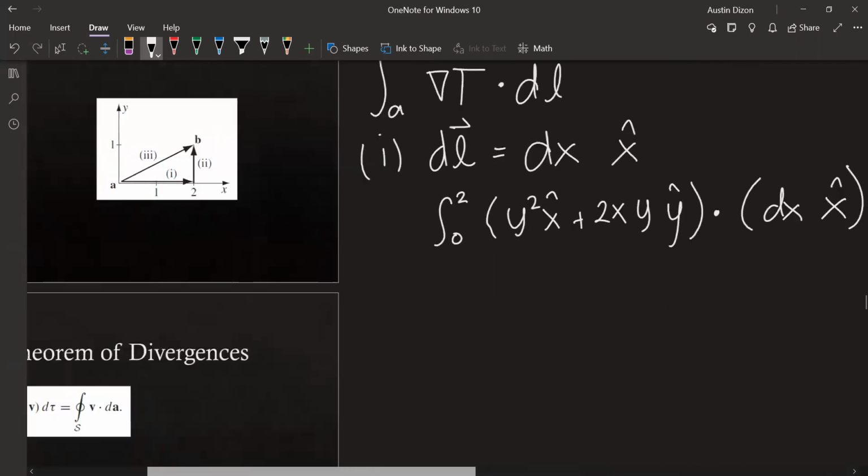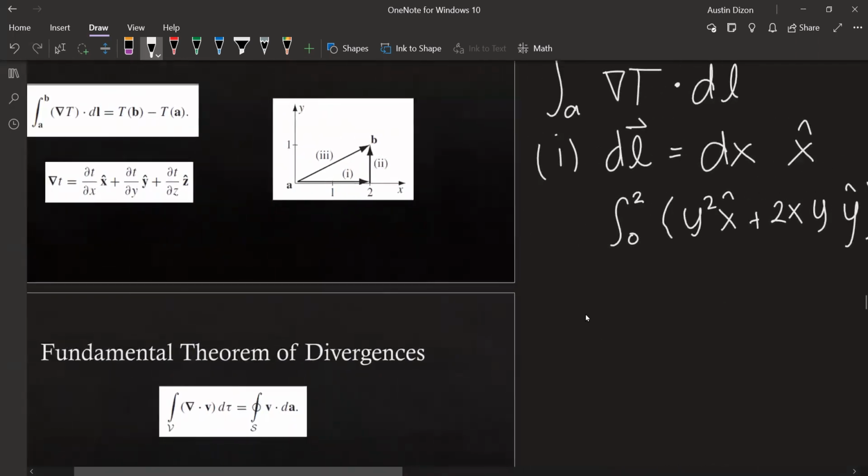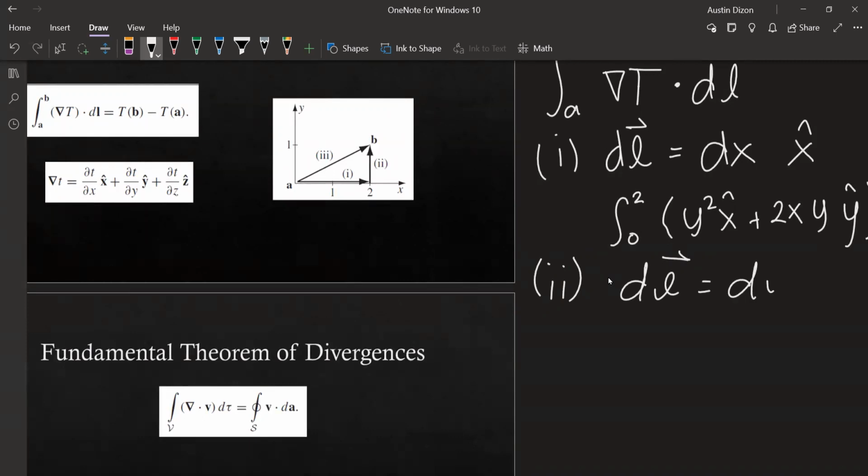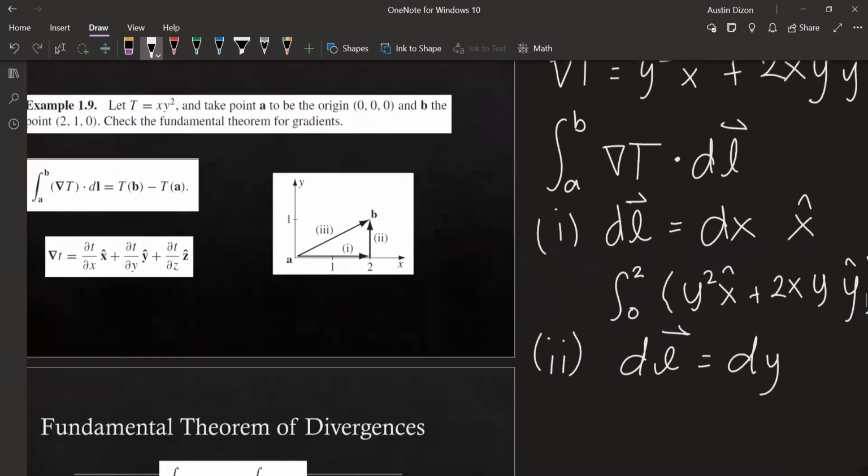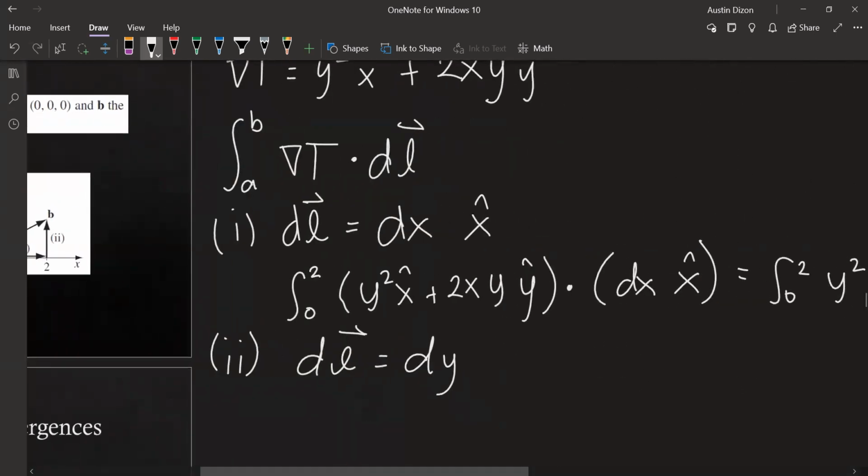Klaro pa naman. Okay. Second path. Aakyat na tayo mula dito sa baba, papunta doon sa point B. So, path 2. And then, yung DL mo naman ngayon will be dy y hat.